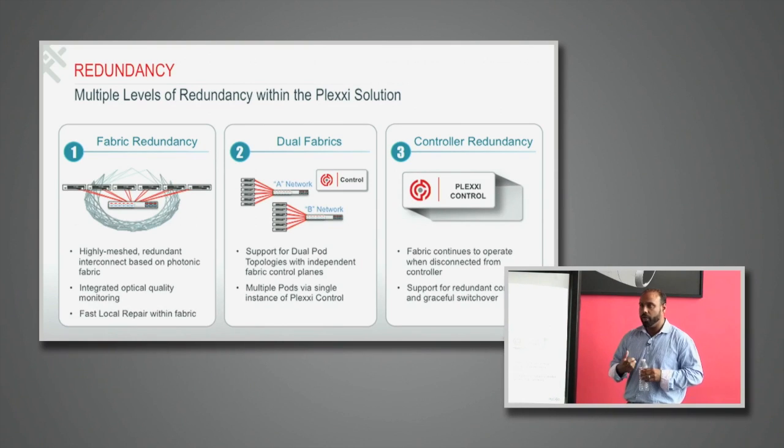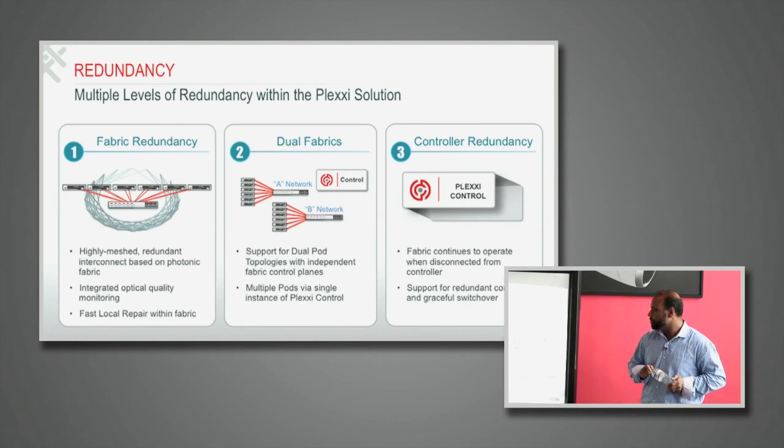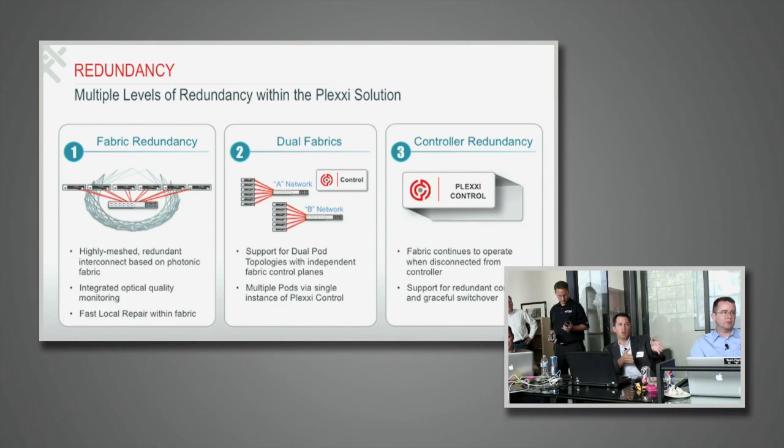We have support for redundant controllers and synchronous databases. Does that cover your redundancy questions? Yeah, it seems like if you go the dual NIC server approach, the dual fabrics is the recommended ideal solution. So it's almost like 2 pods, pod A for fabric A and then pod B for fabric B. Right. Yeah.